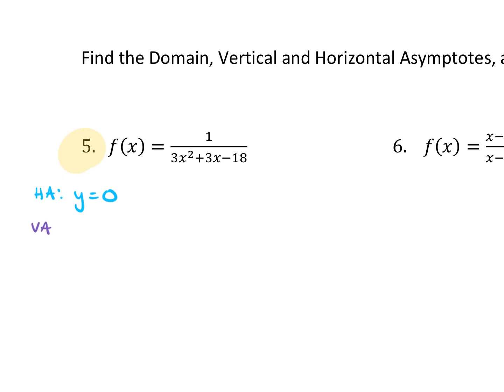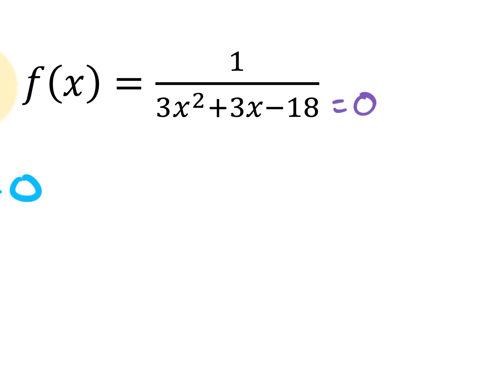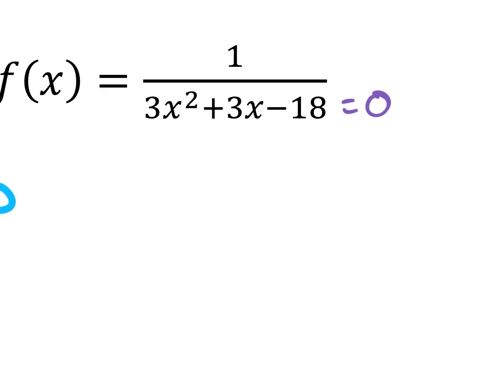Next, let's find our vertical asymptote. What do we do to find the vertical asymptote? Perfect. Set the denominator equal to 0. How would I solve this? Take out the GCF. I'm going to divide everything by 3. Let's simplify this, make the numbers a little bit easier for us. So we've got x squared plus x minus 6 equals 0.